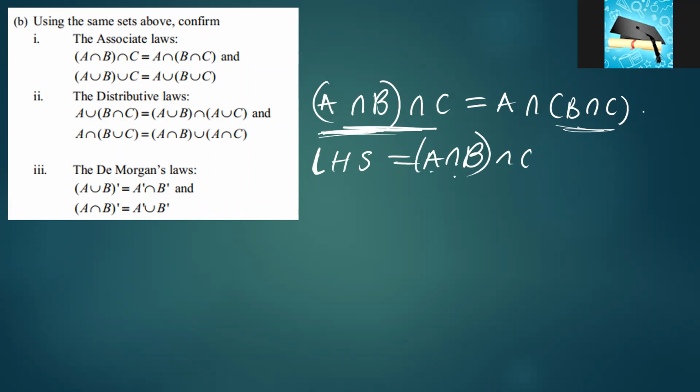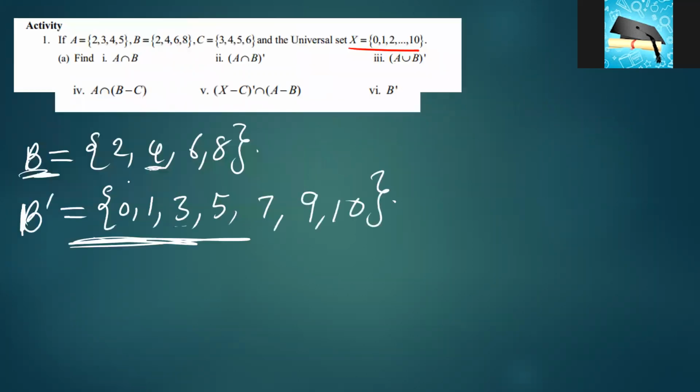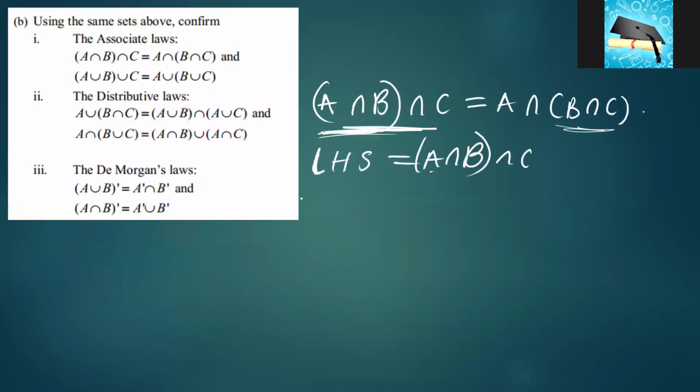A intersection B. From the sets that we've been given, we found A intersection B as what? You look at the common elements from these sets. The common elements there, we have 2, then we have 4. So this was our A intersection B. So it's 2, 4.